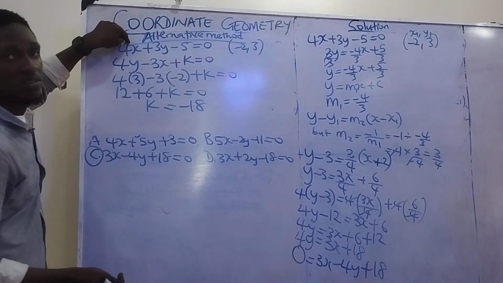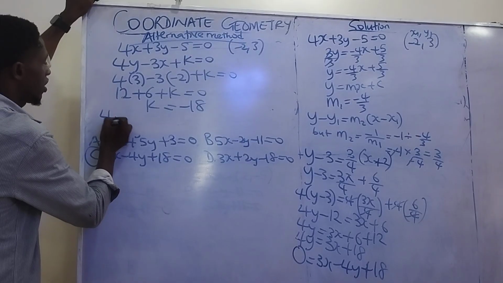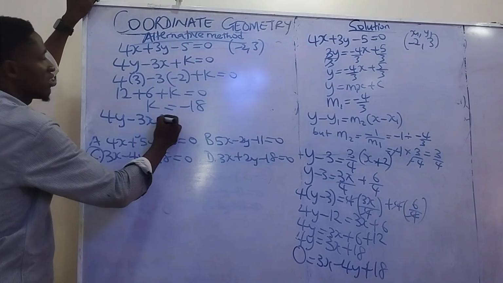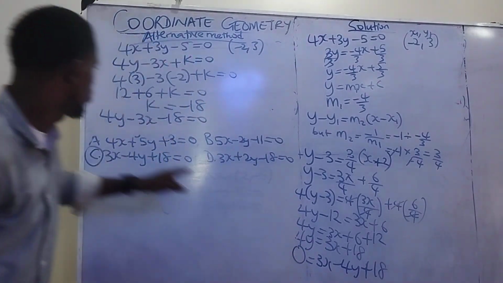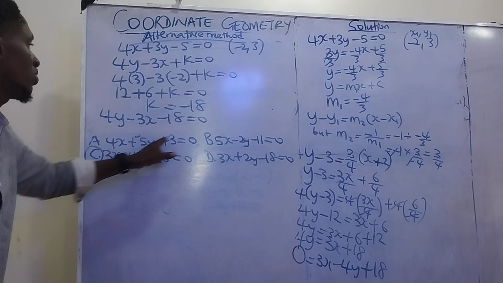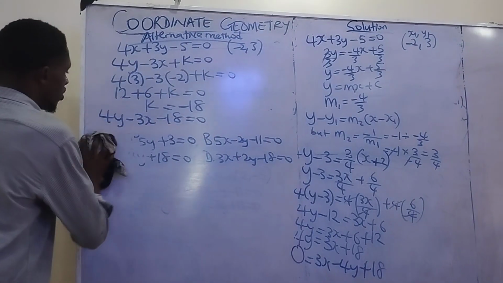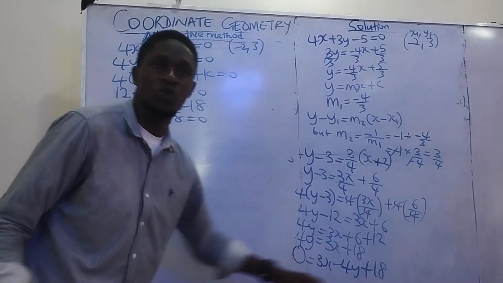Let's go back to this and put it in this place here. We have 4y minus 3x, and the constant we got here is minus 18 equals 0. It's still the same thing as this one here, just that we are going to take everything to the right hand side. If you take everything to the right hand side, we are still going to get what we got here.